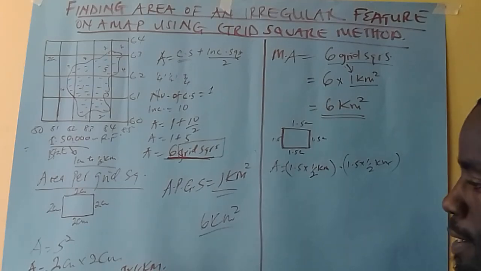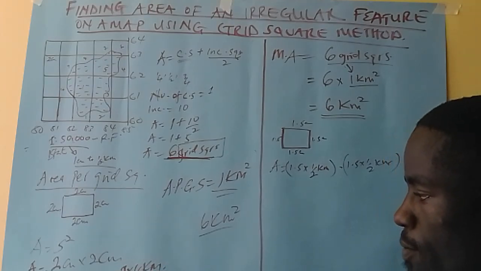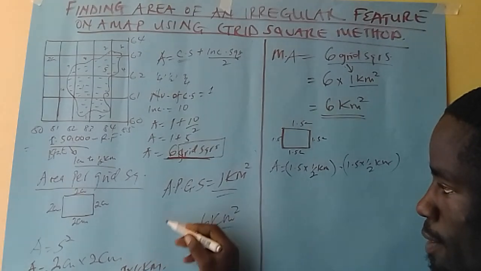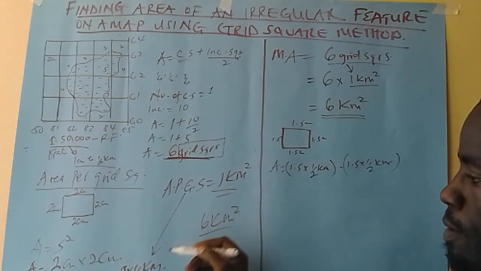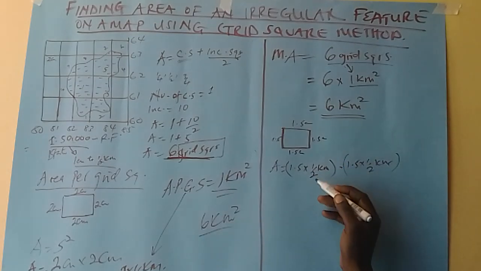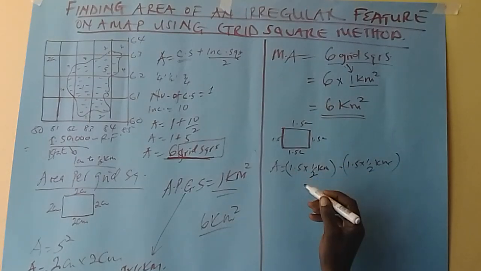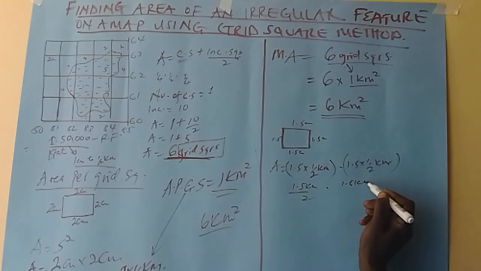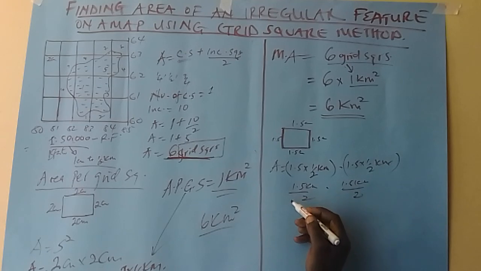So here you'll find that it was 1 to get 1 kilometer squared from this one. This one came from this. But now here it is not the same. Here we have 1.5 kilometer divided by 2 times 1.5 kilometer divided by 2. Here you don't get 1.